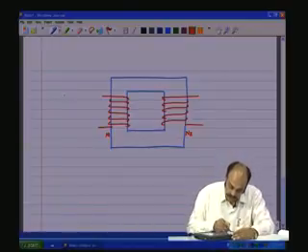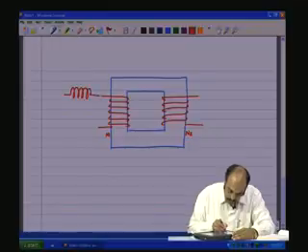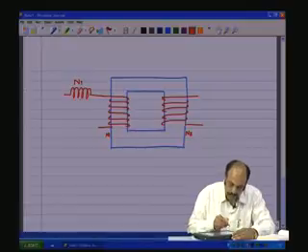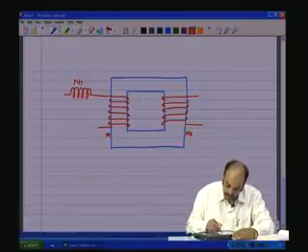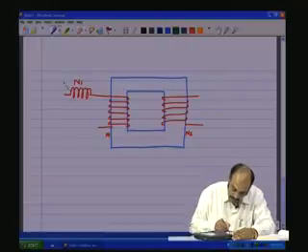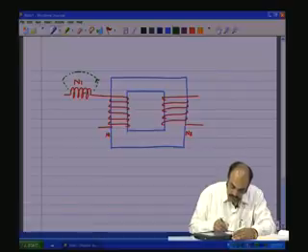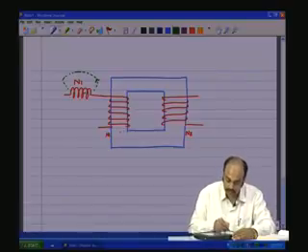Now, let us have a virtual coil here, also N1 turns, but of course, the flux is now flowing through the air. So, there is going to be a flux here, equivalently, let us say, flowing through the air, due to the fact that the same current is flowing through this coil and that coil.